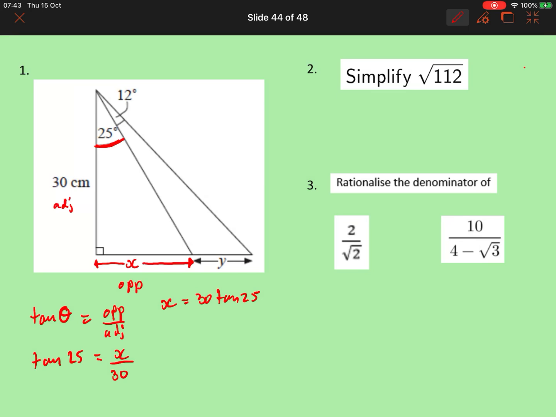What you're going to do is now work out what x plus y is. So what's this? I would say, let's call that z, the entire length. Again, tan theta equals opposite over adjacent.